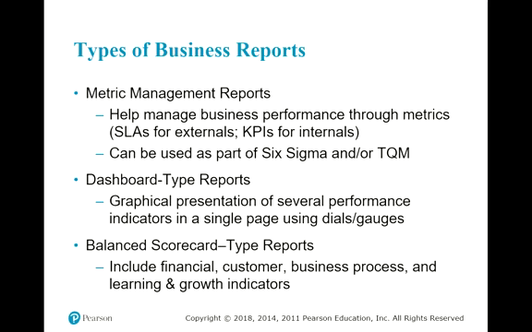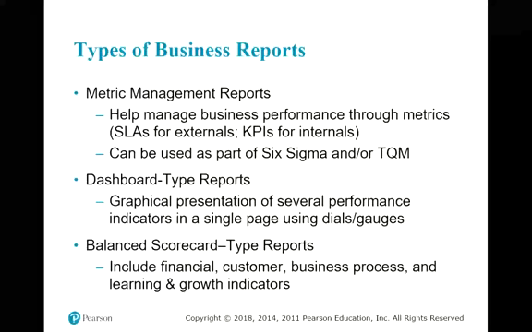And then there is the third type of report, called the balance scorecard. If you are a management student, you probably heard about this method as balanced scorecard performance measurement. The Balanced Scorecard is actually a very popular best-selling book from, I believe, the 1980s.